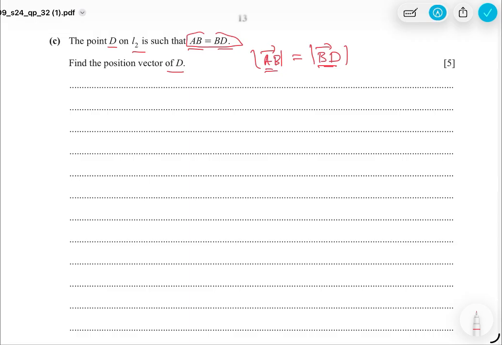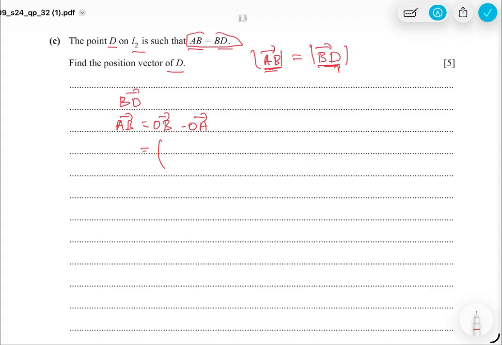Alright, so how can I find BD vector? AB vector we can find easily, but what about BD, because we don't know the point D? All of us know that to find AB vector we can do like this: OB minus OA. Yes or no? So what was OB, learners?